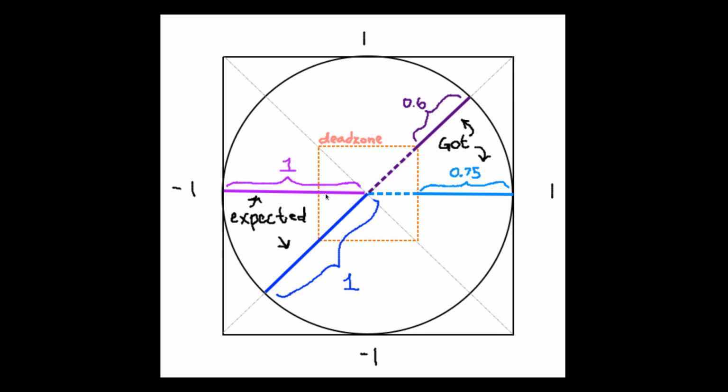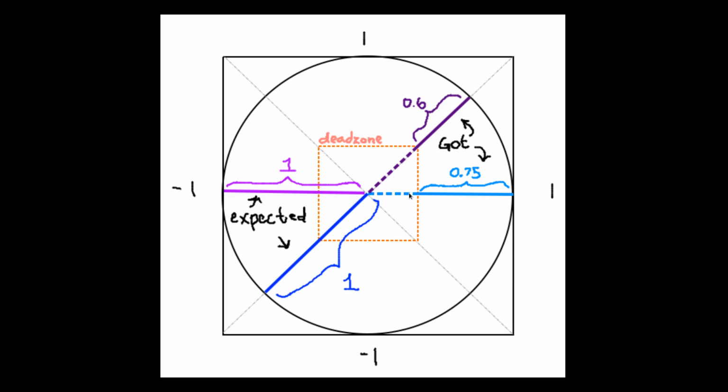It's not that big of a deal when you have just the keyboard keys, because let's say you're holding W and D to go in the top right. Your input length is greater than 1, and then you shrink it back down to 1, right? But when you're using a joystick, since it's a circle, you can't actually get that far.